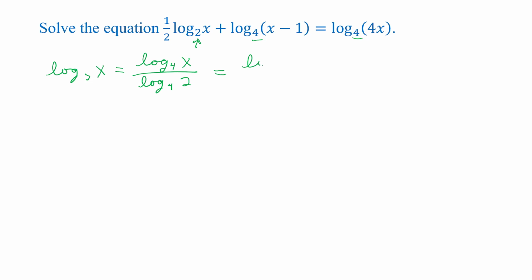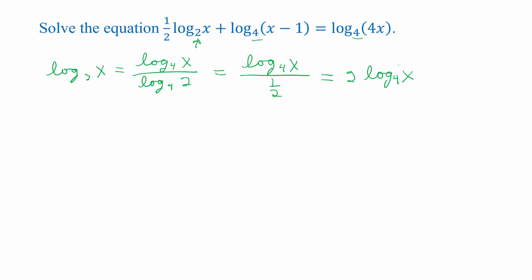Log to the base 4 of 2 is the power of 4 that would give me 2. If I raise 4 to the 1/2 power, that would give me 2. And so I have log to the base 4 of x divided by 1/2, which is the same as log to the base 4 of x times 2 over 1, or 2 times log to the base 4 of x.